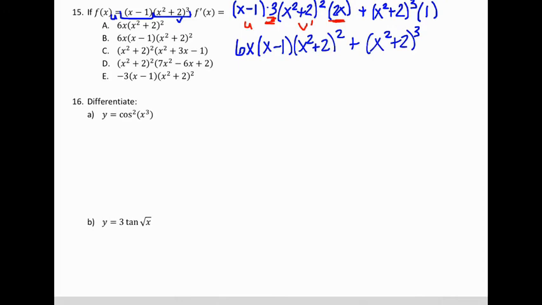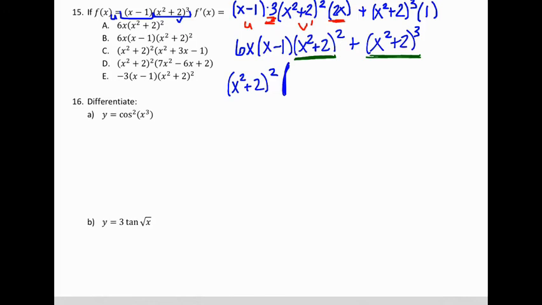Now, this is still not any of our choices. I want you to remember that when you're looking for a greatest common factor, it doesn't always have to be a single term. Look, both of these have x squared plus 2 to some power, so I can pull out an x squared plus 2 squared as a greatest common factor. So I'm going to set up parentheses then.